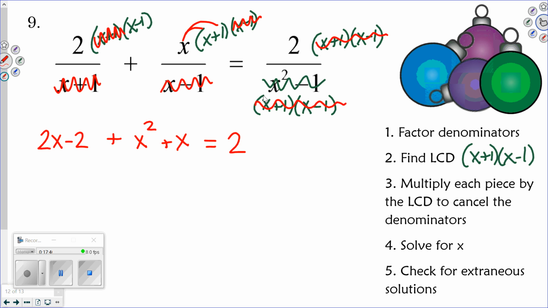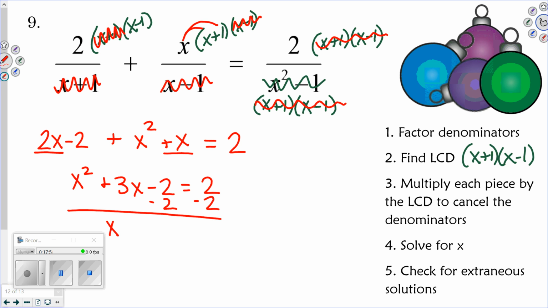All right, I have like terms sitting over here. So I have 2x plus x is what? 3x minus 2 equals 2. I have to set equal to 0 because I have an x squared. So when I subtract 2, that does not cancel out. Some of you like to think it does, so that's minus 4.